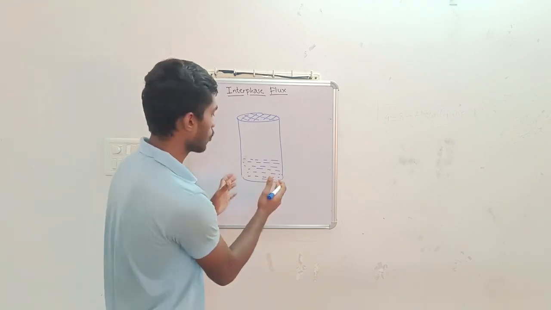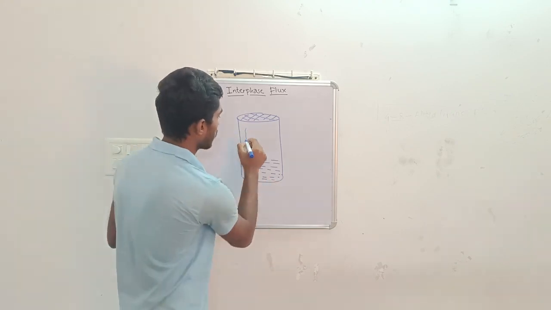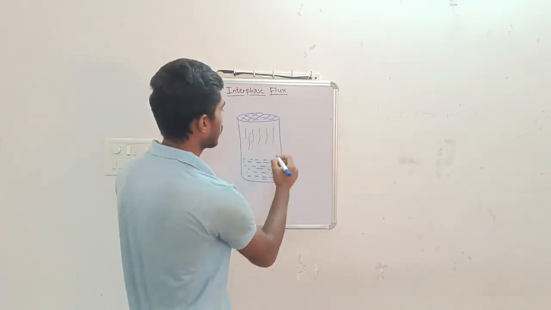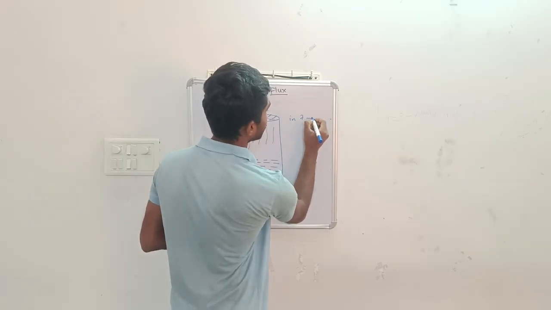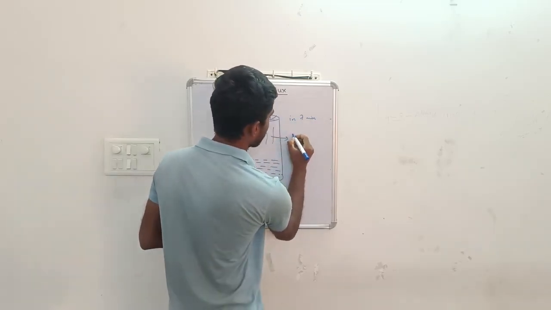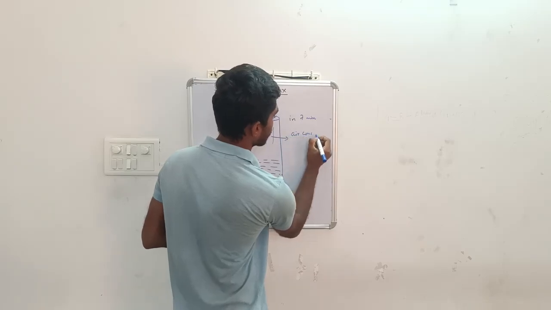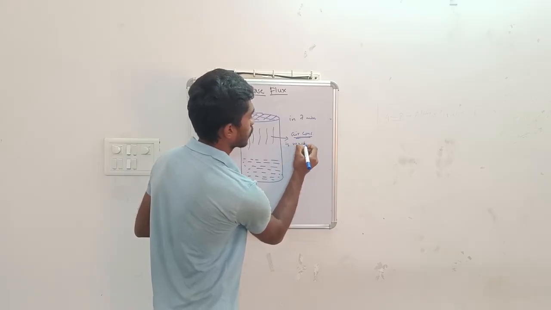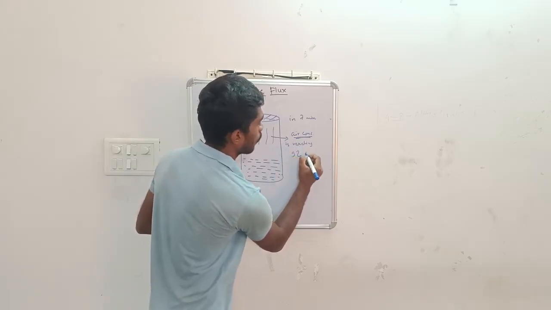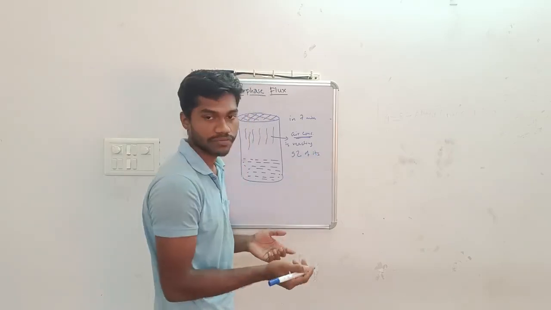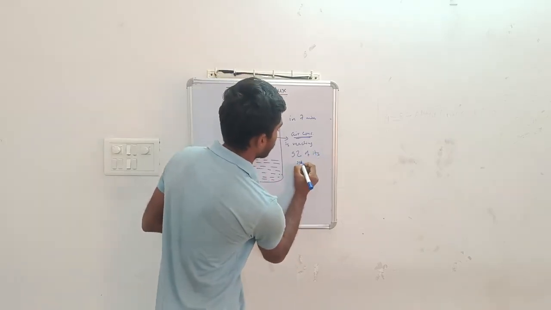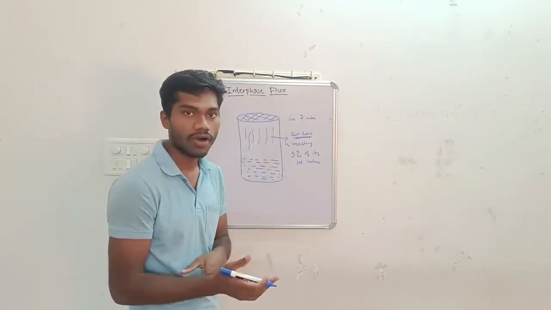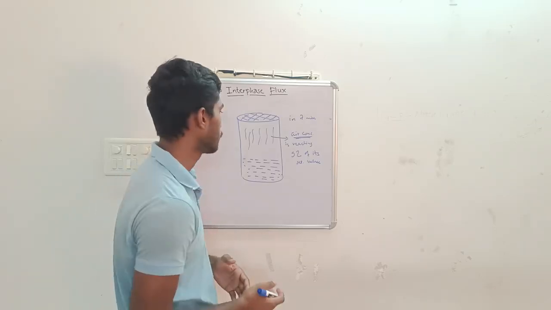Because ethanol is volatile, it will evaporate in the air in the cylinder, and we are given that in 7 minutes, the ethanol concentration in air is reaching 9% of its saturation value. That means the partial pressure of ethanol is reaching 9% of the saturation pressure.